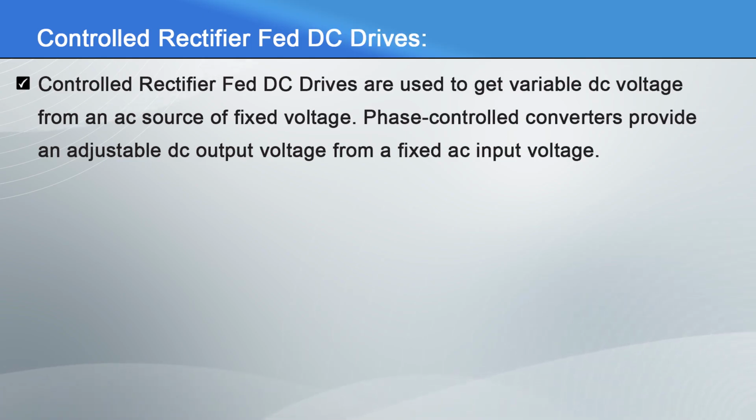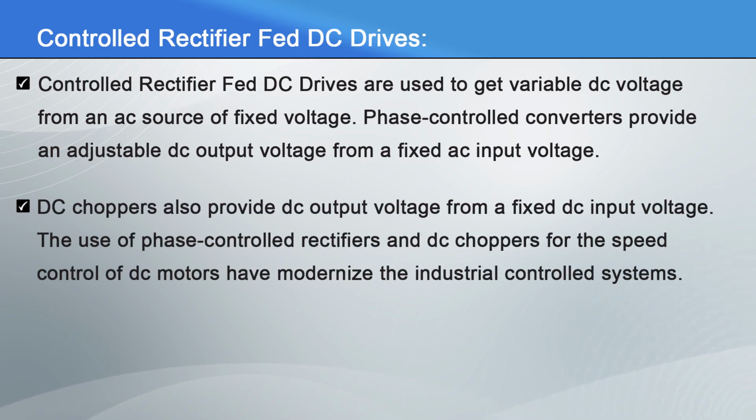Now, we will study the controlled rectifier fed DC drive. Controlled rectifier fed DC drives are used to get variable DC voltage from an AC source of fixed voltage. Phase controlled converters provide an adjustable DC output voltage from a fixed AC input voltage. DC choppers also provide a variable DC output voltage from a fixed DC input voltage.